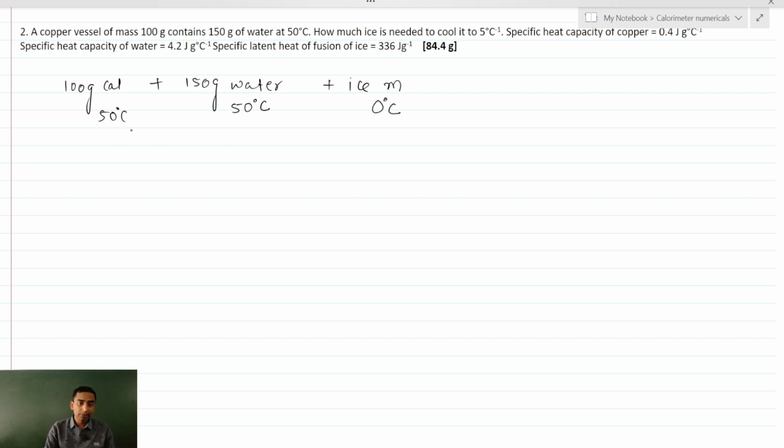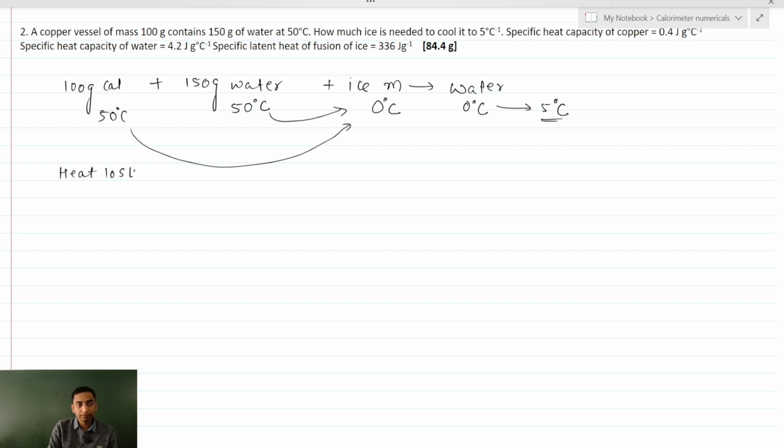Now what happens is these two are going to lose heat energy. And then as a result, the ice will change into water at 0 degrees Celsius, and that 0 degree water's temperature will also increase to 5 degrees Celsius. So we'll start as usual with heat lost is equal to heat gained.